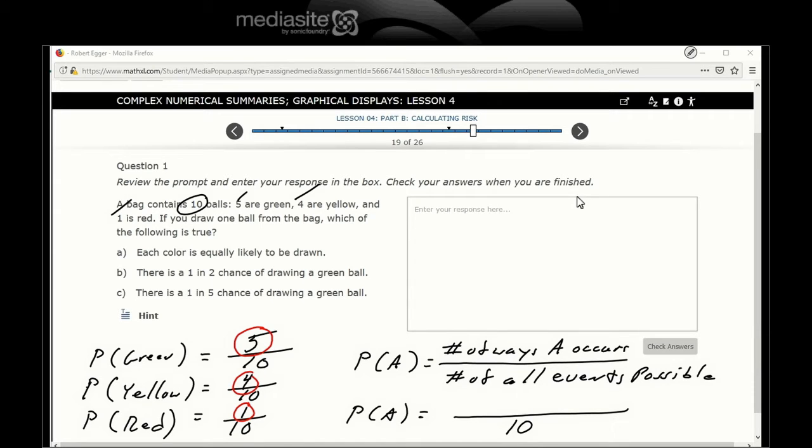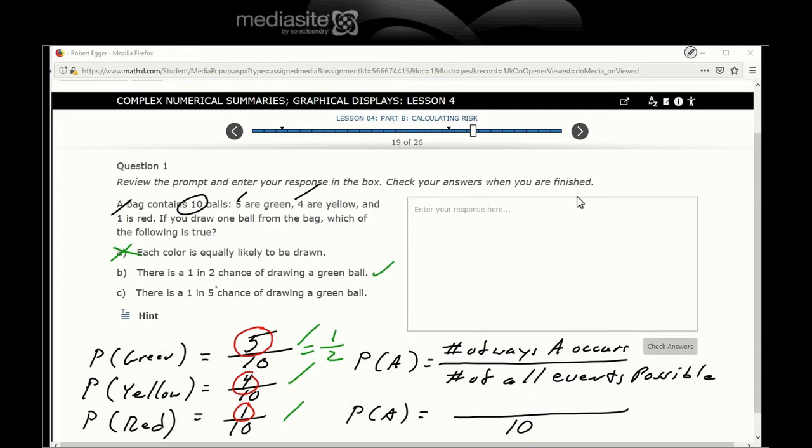So let's see. Part A, each color is equally likely to be drawn. Well, by what we've just done here, that rules that out. Okay, there's a 1 in 2 chance of drawing a green ball. Well, reduce 5 over 10, that reduces to 1 over 2, or 1/2. Okay, possibilities. 1 in 5 chance of drawing a green ball.